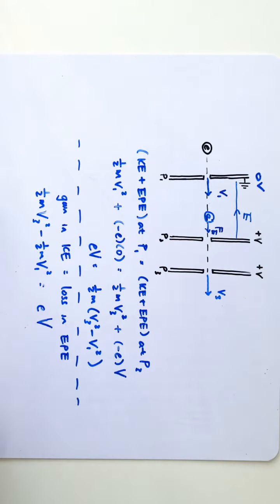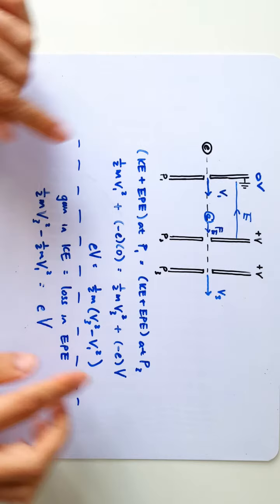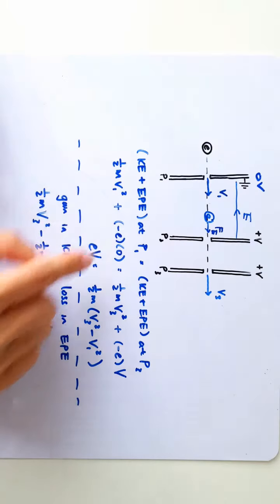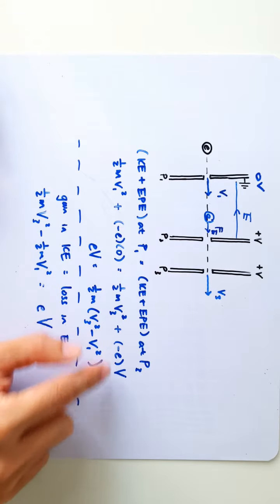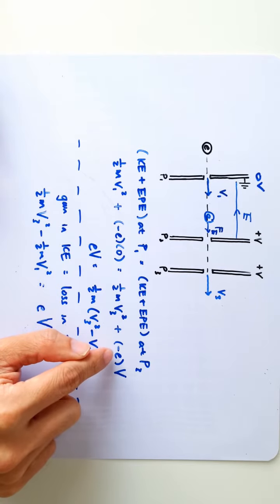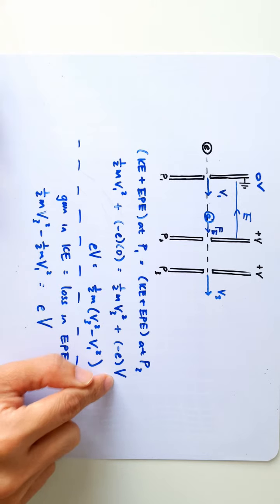So either way, if you do it the first way, then when you put in the charge and the potentials, make sure that if it's a negative charge, you put in the negative sign here. If it's a negative potential, make sure you put in the negative potential here.